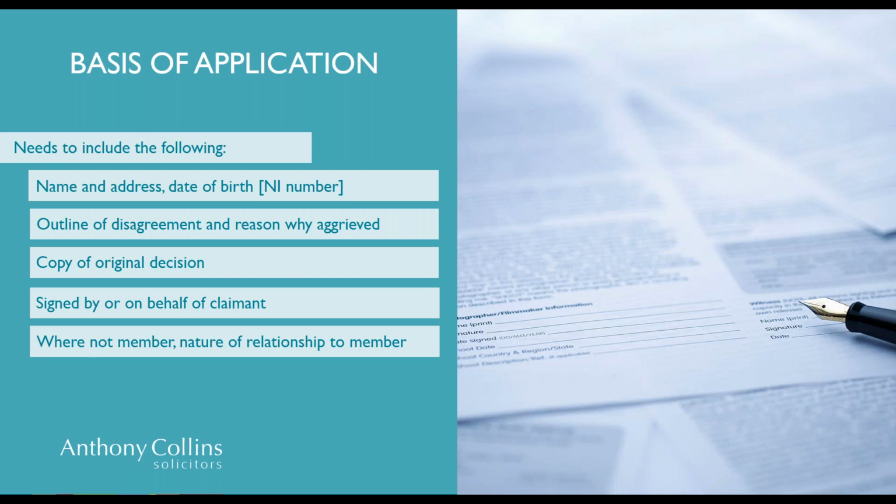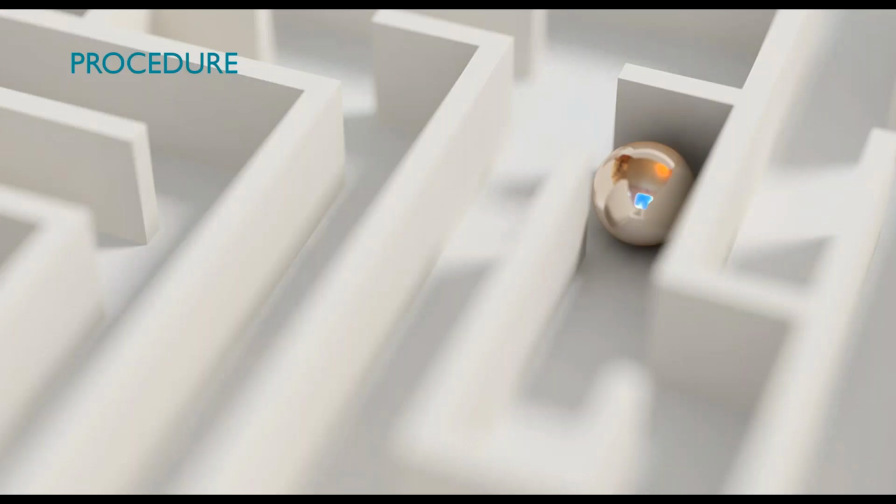So let's assume for a moment that a complaint has been received at the first stage by the scheme employer. The scheme employer is responsible for appointing an adjudicator to deal with first stage complaints.